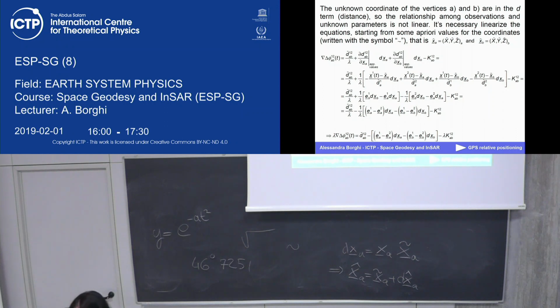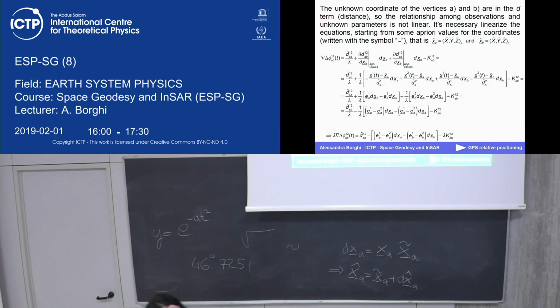Approximated means that it is close to one value, but it's not the real value. It's an approximation. And it's important to linearize.